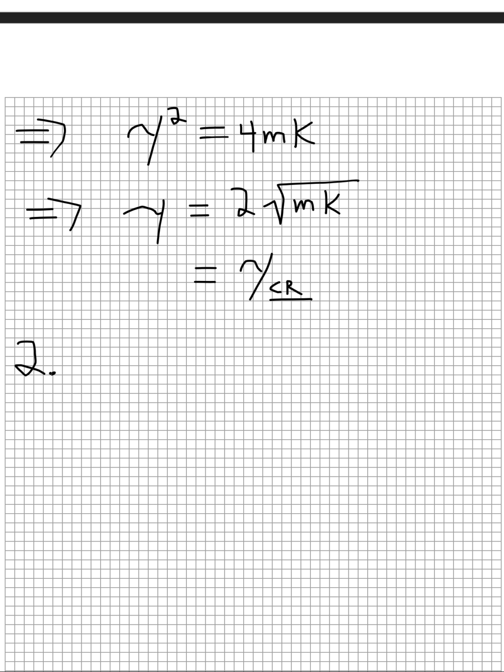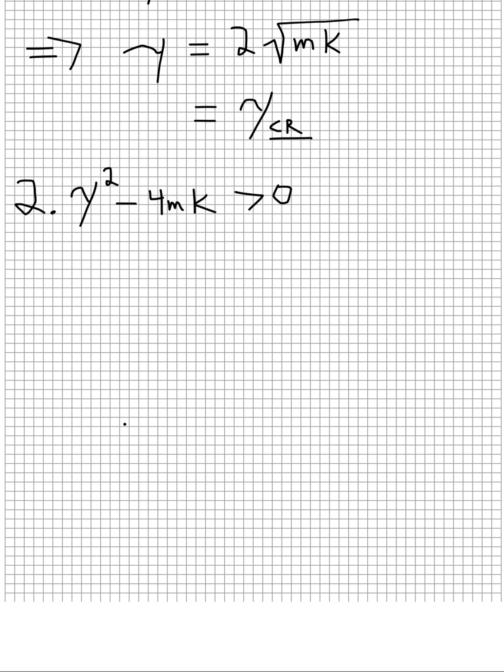And now let's go to case 2. That's the situation where gamma squared minus 4 times m times k is positive. Okay. And so by working through this root a bit more carefully, we can find a few observations out of this.